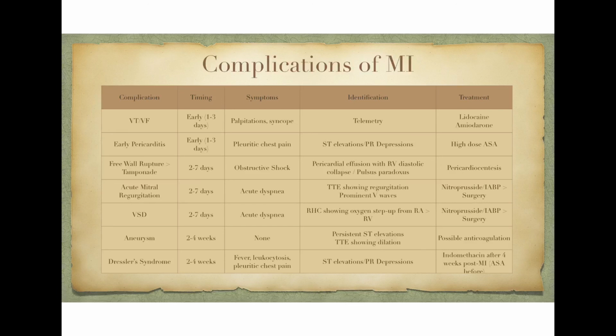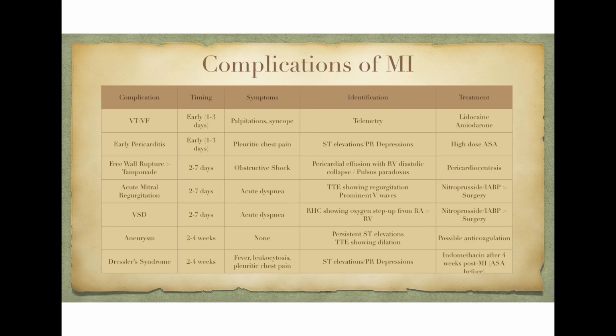You'll recognize that when the patient starts having palpitations or syncope, or you start seeing runs of VT occurring on a telemetry monitor. This is why patients who do receive intervention are placed in an ICU setting for the period immediately after the MI to specifically look for runs of VT or VF and address them right away.